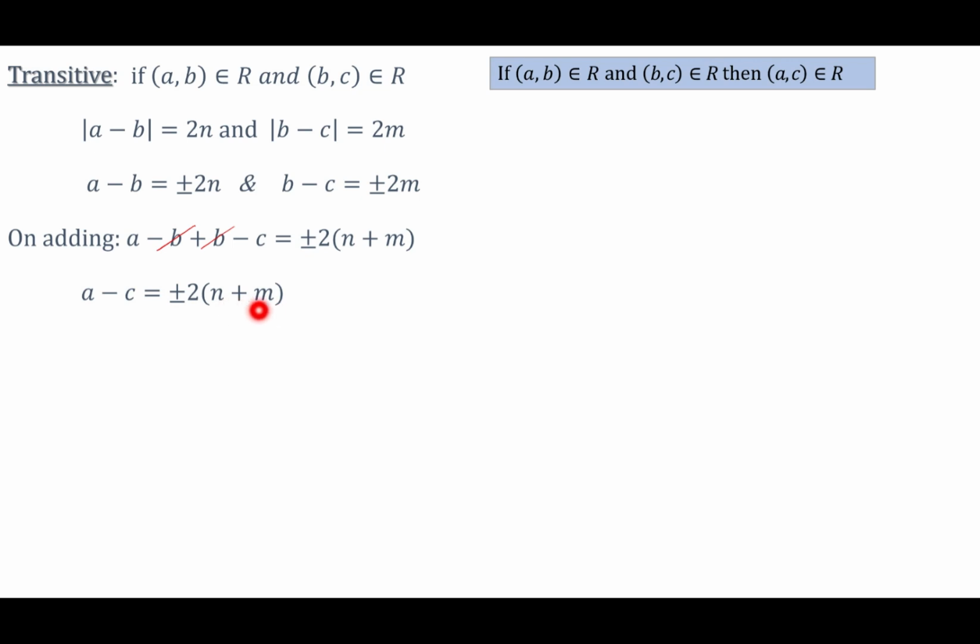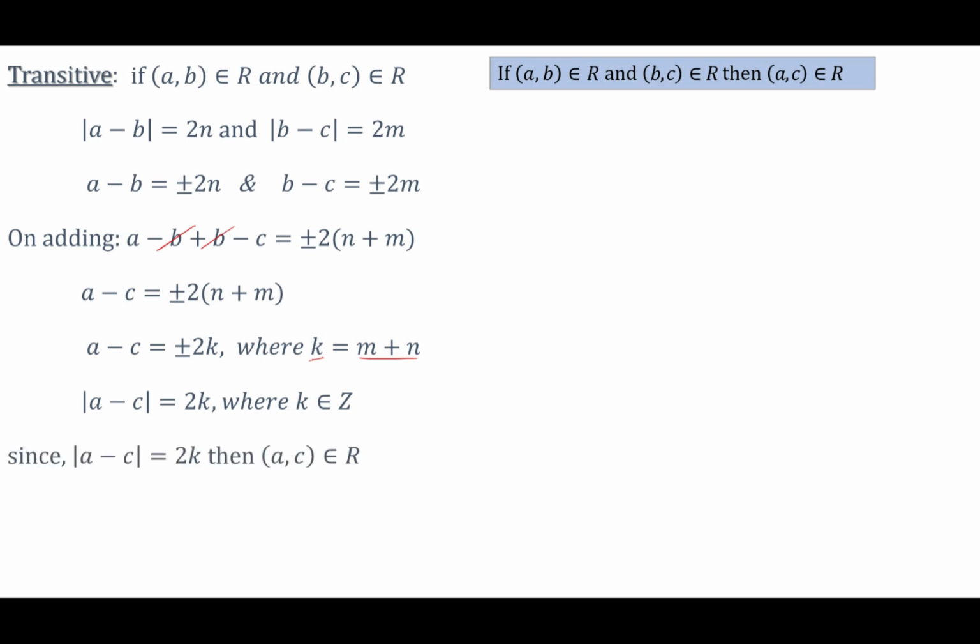And I know the sum of two integers is again an integer, where k belongs to the integers. So the modulus of a - c will be 2k, where k is some positive integer. Therefore (a, c) also belongs to R. So if (a, b) belongs to R and (b, c) belongs to R, then (a, c) also belongs to R, which means the given relation is transitive.